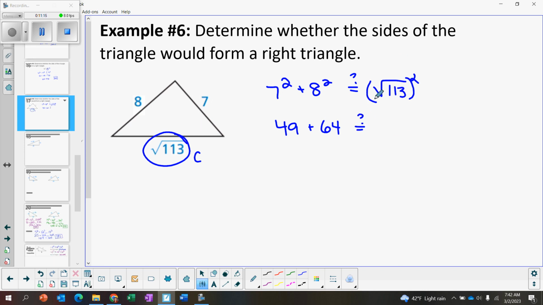And here, when I have the square root of 113 squared, I do not need the pencil. I'm just going to cancel out those two things, and it becomes 113. And 49 plus 64 is 113, which does equal 113. So yes, these sides did form a right triangle.